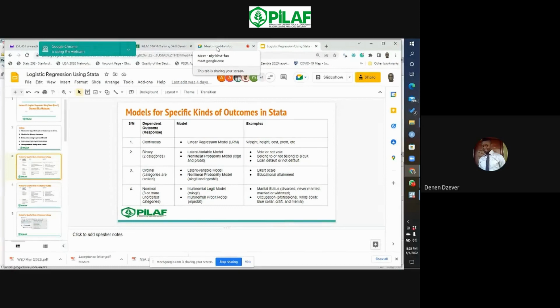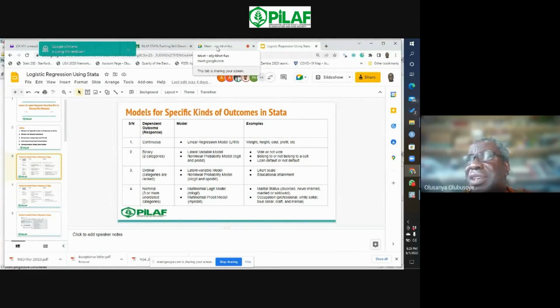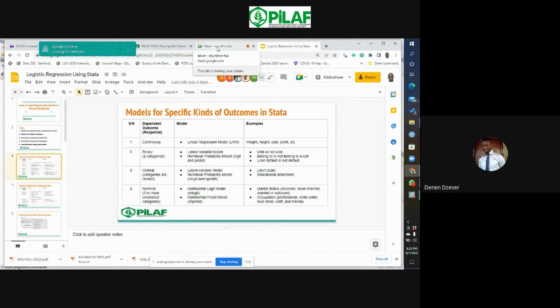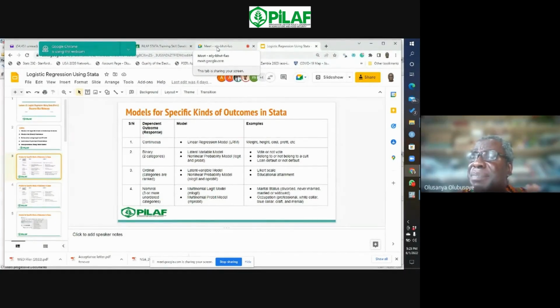So if you want to create a dummy, let's first of all get something right. It means the dependent outcome you are talking about is not going to be binary any longer.